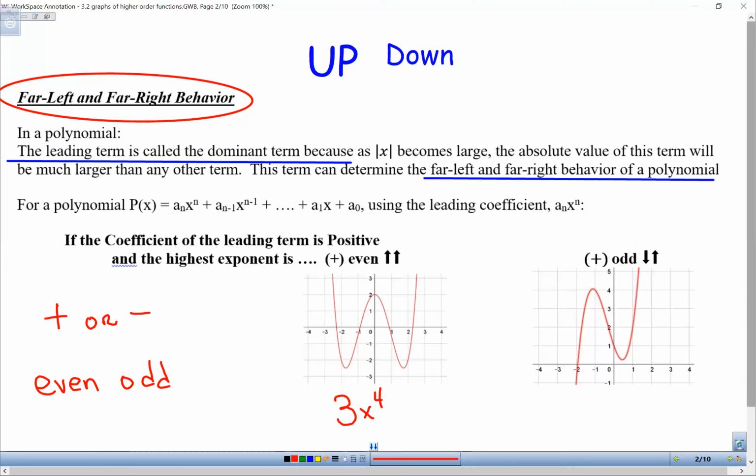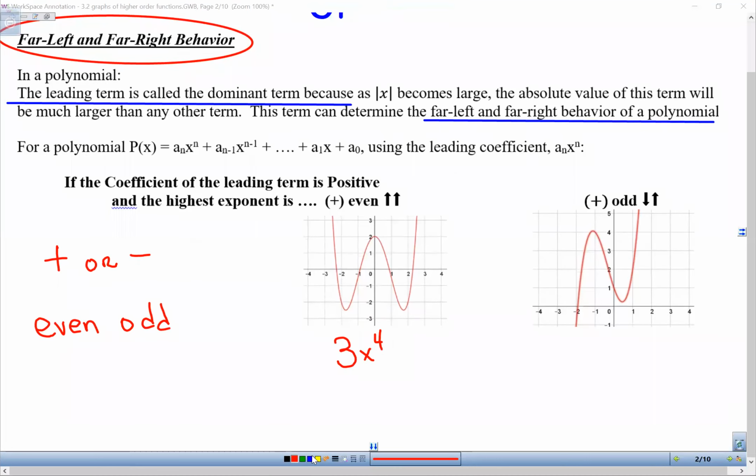So 3x to the 4th is positive, and the exponent is even. So you can see up here, when we're positive and even, the graph goes up on the left side, up on the right side. So the 2 arrows are indicating we're going up. So here on the graph, the left side is going up, and the right side is going up. So if it's positive and even, the graph goes up on the left and up on the right.